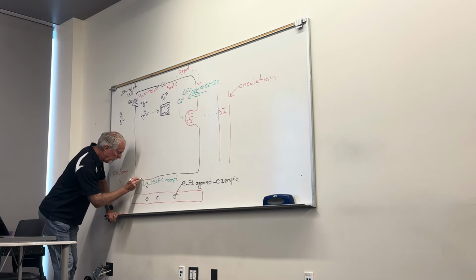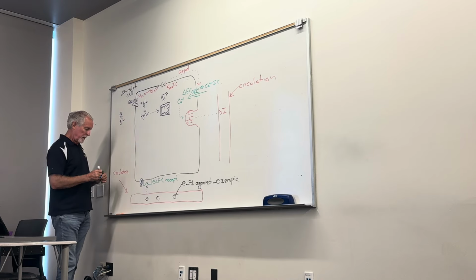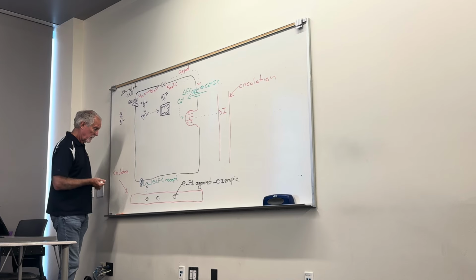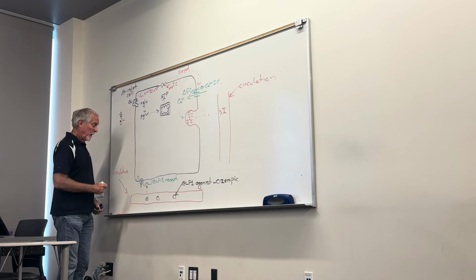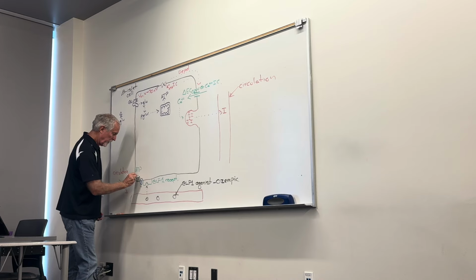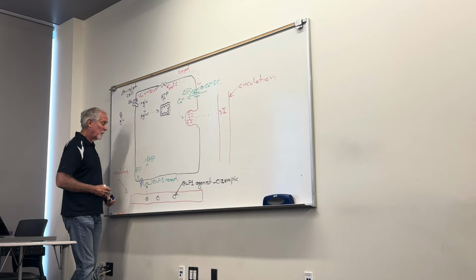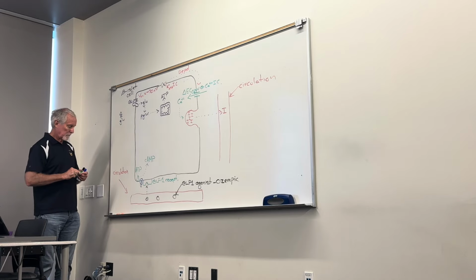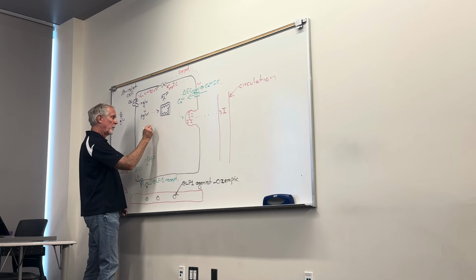And that G protein is acting on an amplifier. And this amplifier is taking ATP and converting that into cyclic AMP. Not going to get into all the specifics, but here's our nucleus.